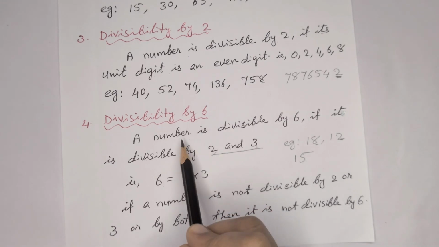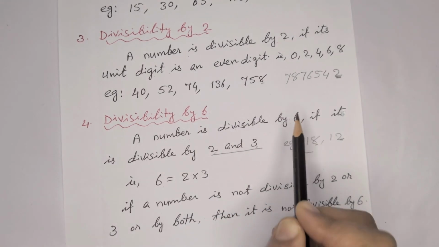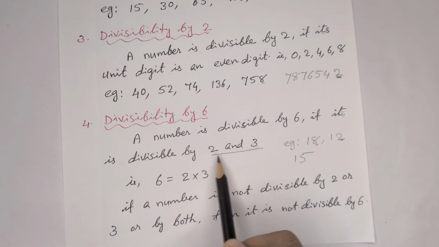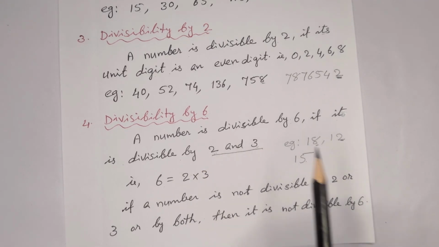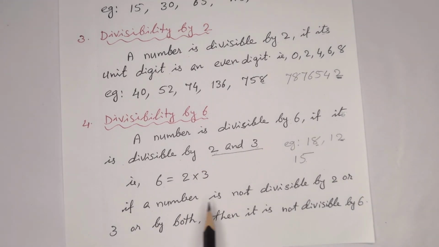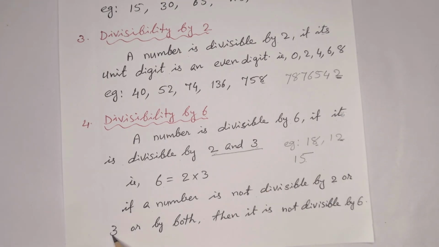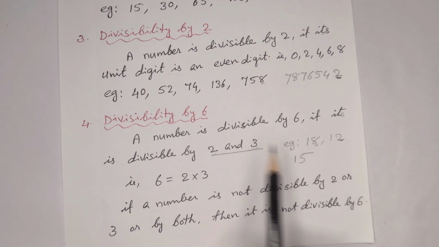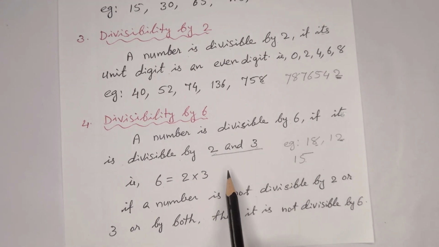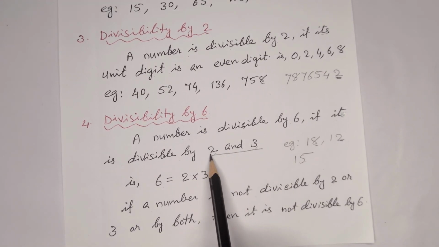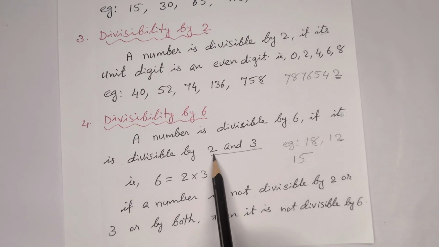A number is divisible by 6 if it is divisible by both 2 and 3. If a number is not divisible by 2, or not by 3, or by both, then it is not divisible by 6.